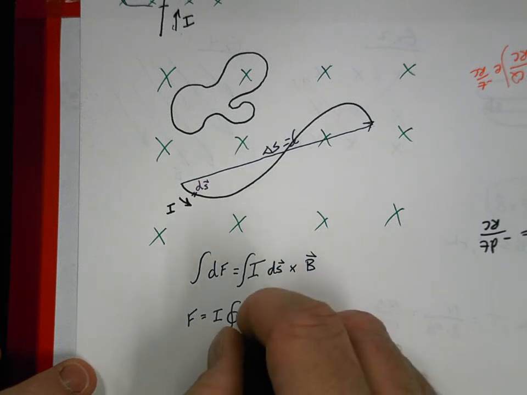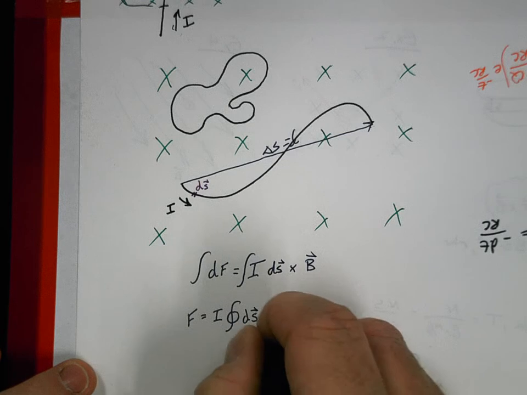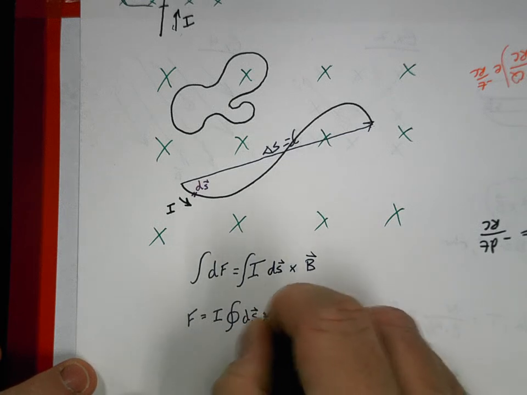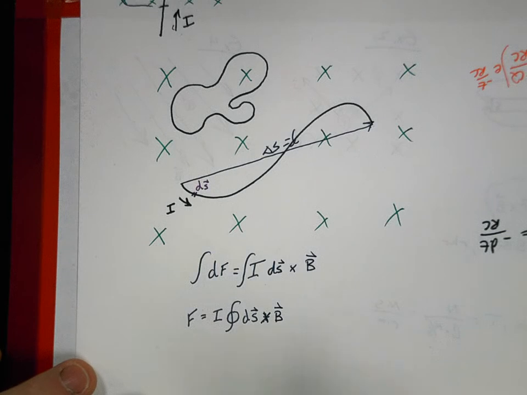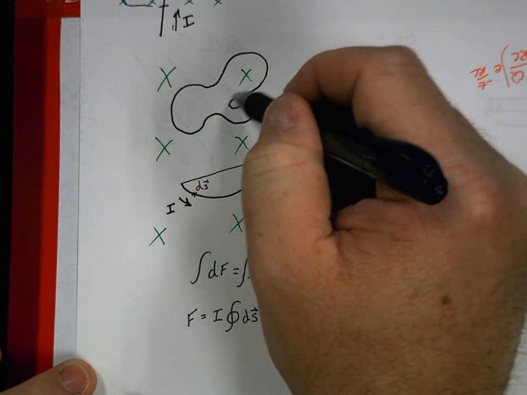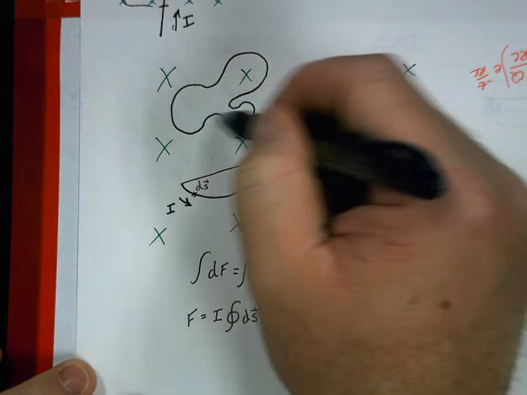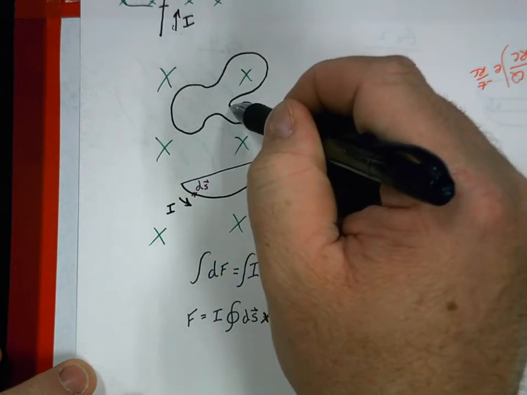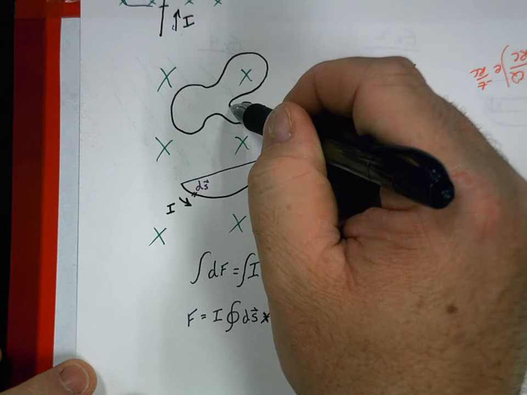It's closed, right? A closed loop. But ds is our displacement, right? The integral of ds is our displacement. Well, what happens if we start here and we go around and we wind up back where we started? Zero. Our displacement is 0.